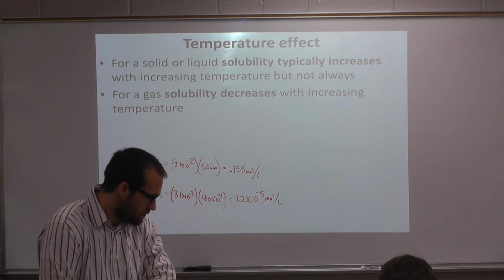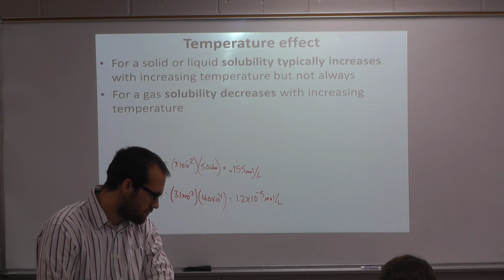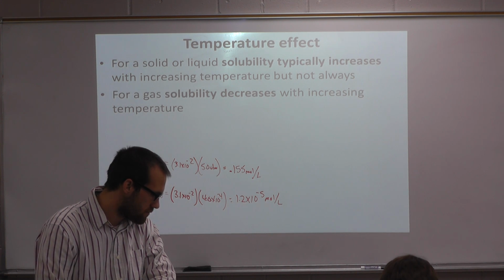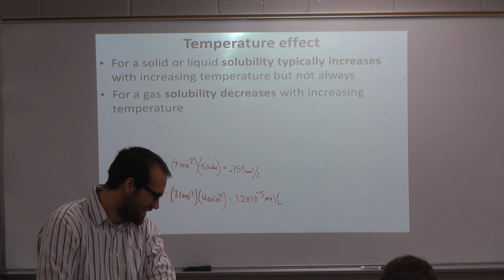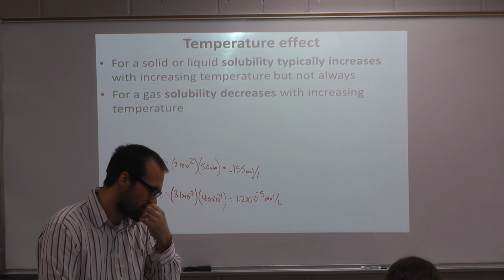Note that although the solubility of most solids in water increases with temperature, the solubilities of some substances, such as sodium sulfate and cerium sulfate, decrease with increasing temperature. Predicting the temperature dependence of solubility is very difficult.